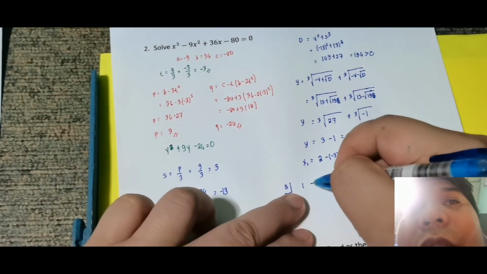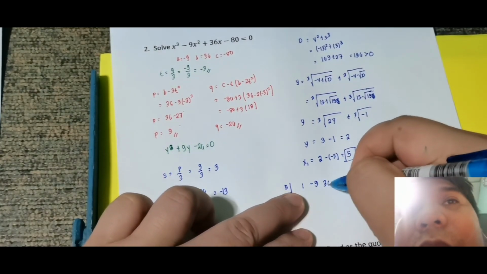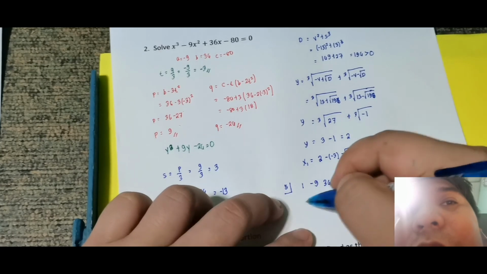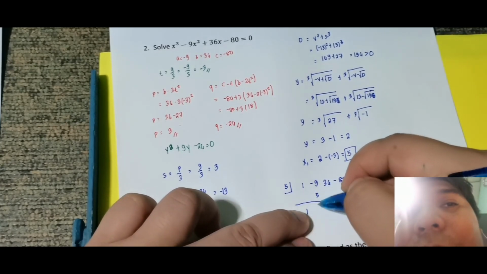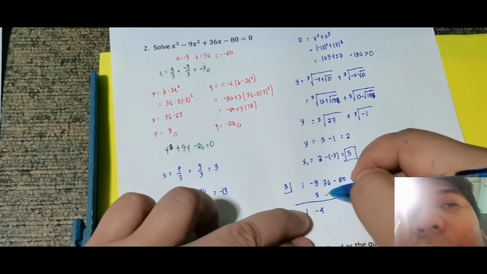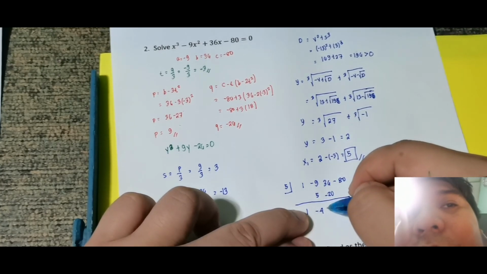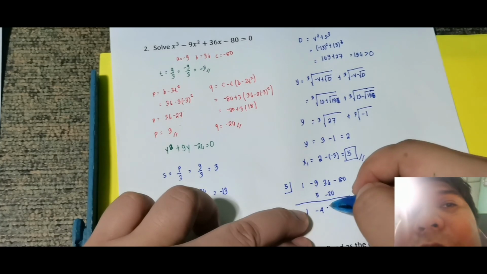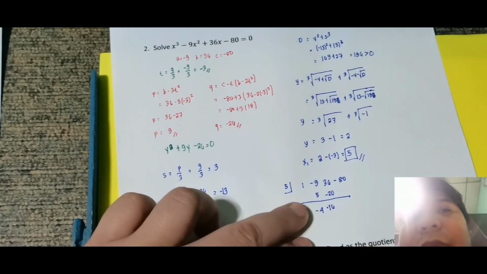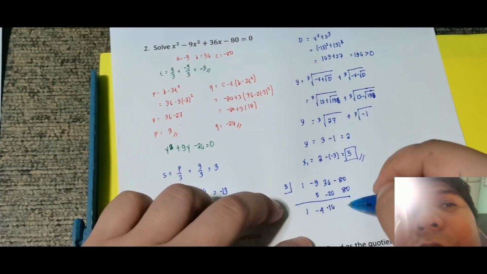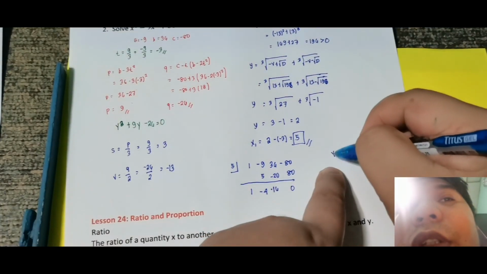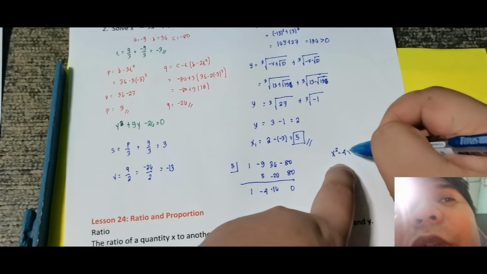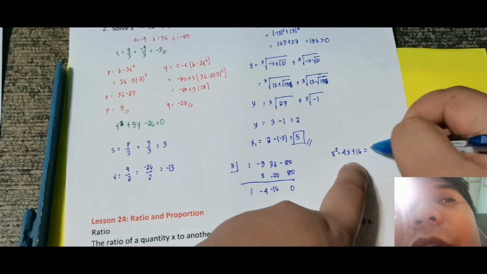This is 1, negative 9, 36, and negative 80. Para ma-depress, this is 1, then 5, negative 4, negative 20, positive 16, I think. 5 times this is 80, which is 0. So yung depressed equation niya is x squared minus 4x plus 16 is equal to 0.